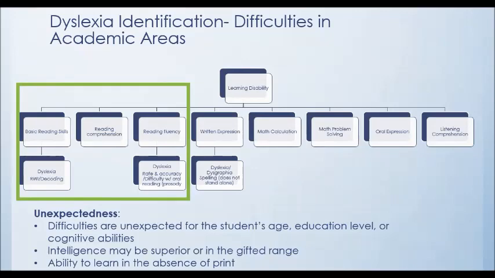For fluency, we are looking at the dyslexia identification under the rate and accuracy of the oral reading as well as your prosody. For reading comprehension, we also look at that reading prosody here, and also if it shows an overall reading. But the ones that are dyslexia identifiers are your basic reading skills and your reading fluency.